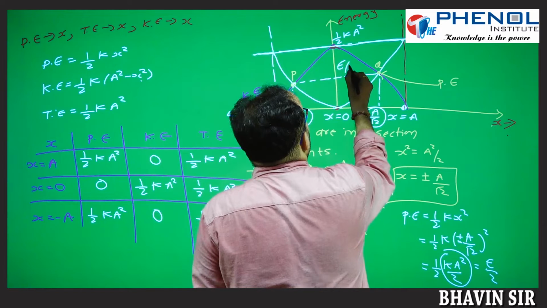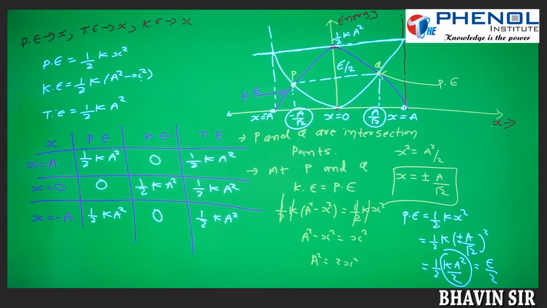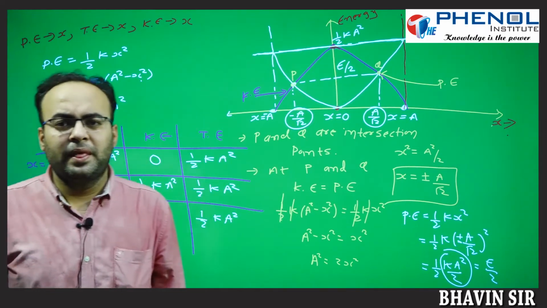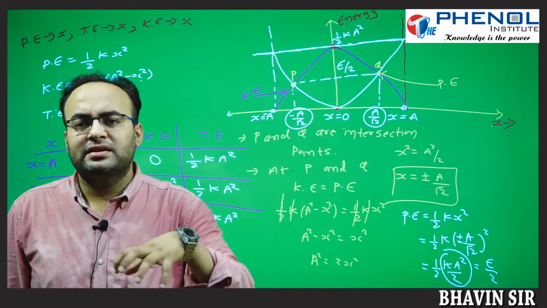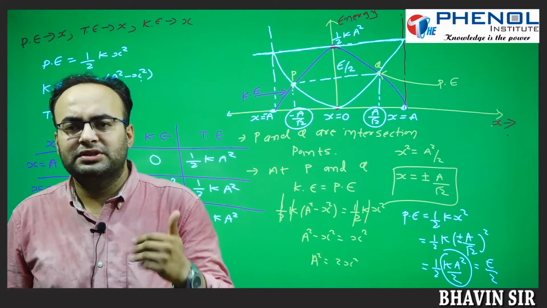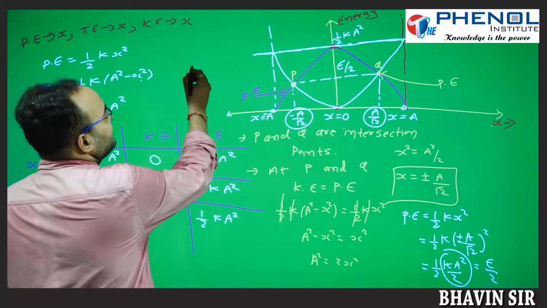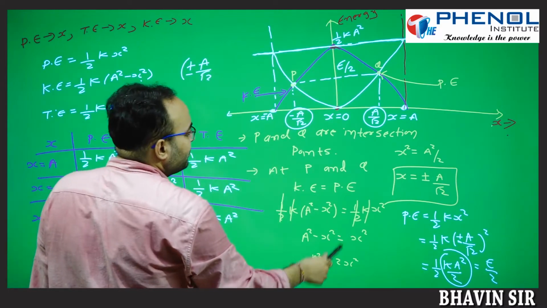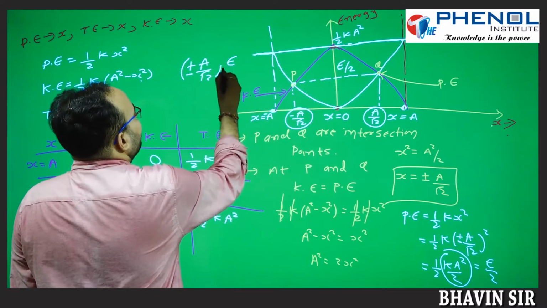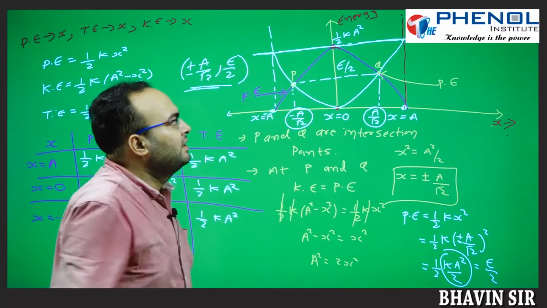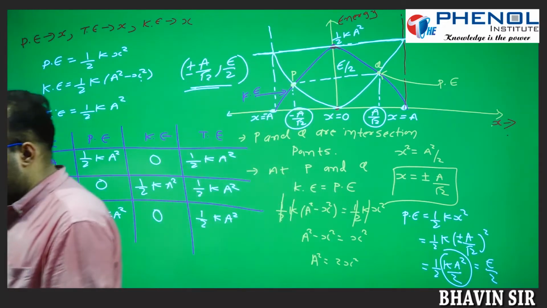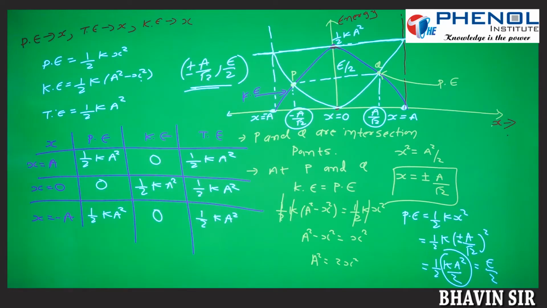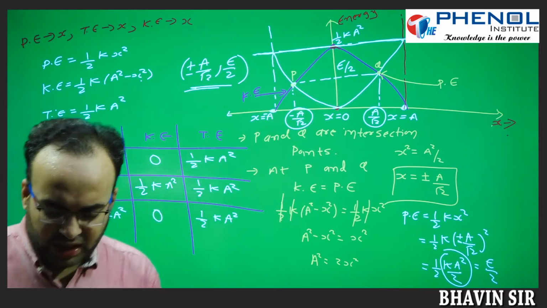When potential and kinetic energy are equal, their values are total energy by 2. So the intersection points are plus or minus a by root 2 and E by 2. Those are the intersection points.